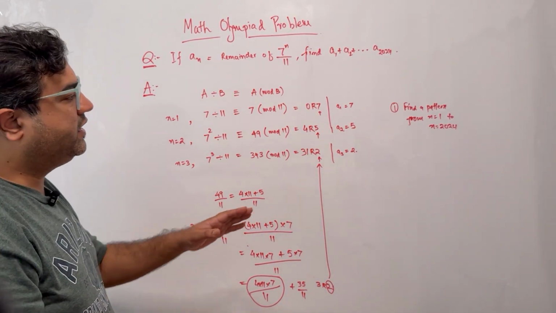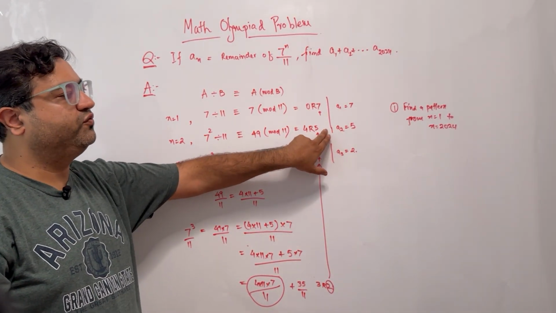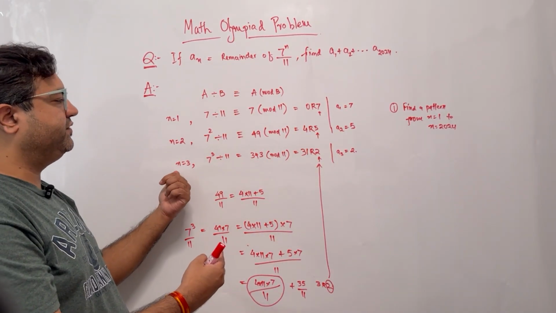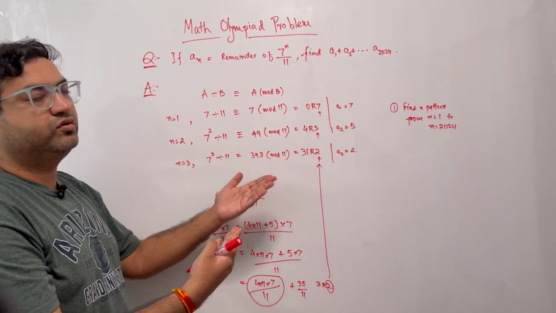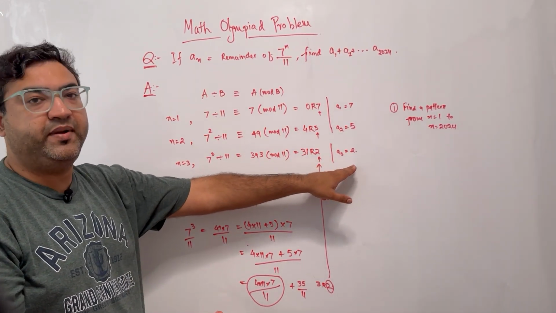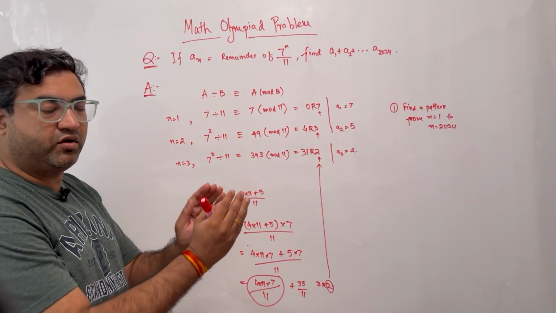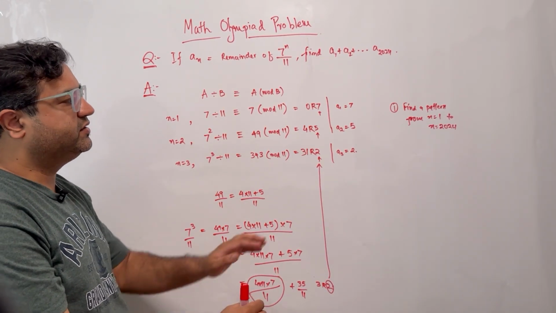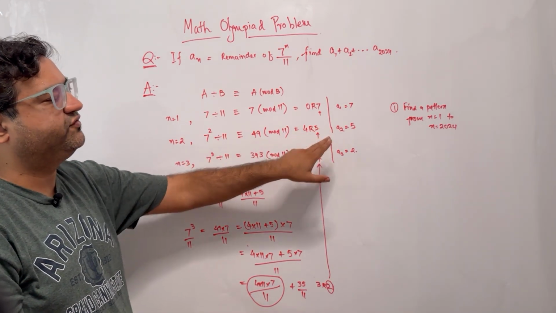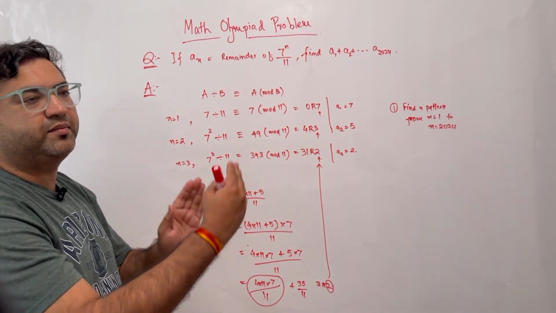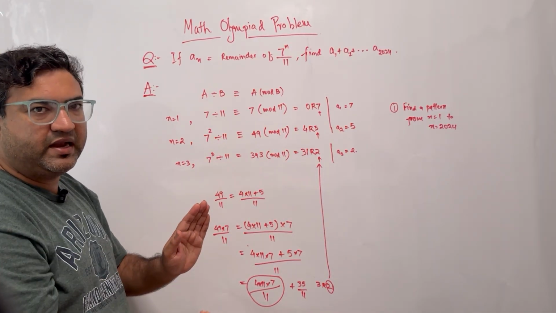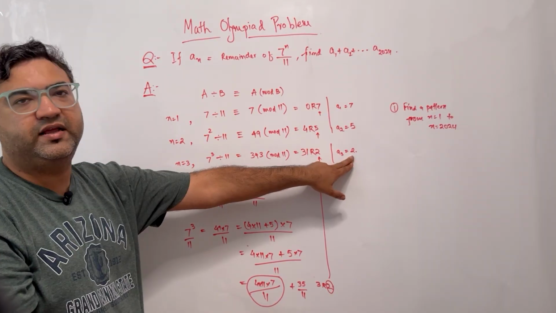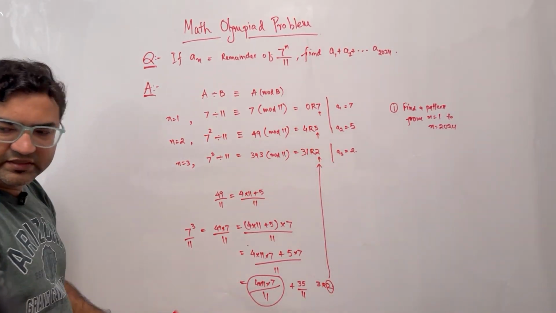So essentially, if we multiply the remainder of the previous term by 7, we will be able to find the remainder of the resulting answer if we divide that by 11, right? So if we multiply 5 by 7, that becomes 35. Then we divide it by 11, so that becomes 33 R2. So the 2 is the same as A3 here.